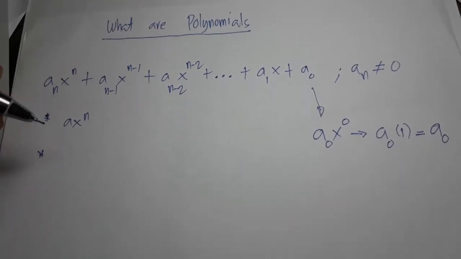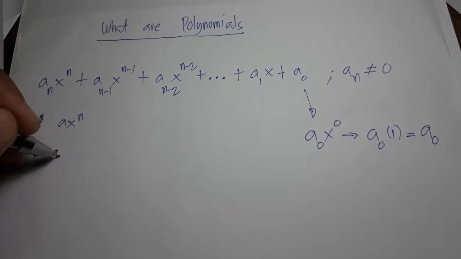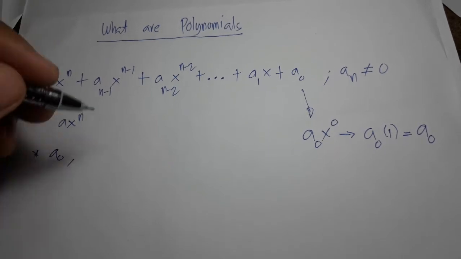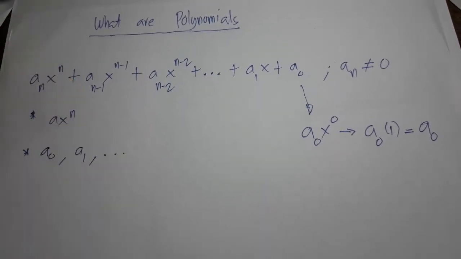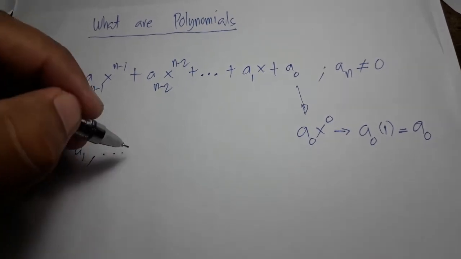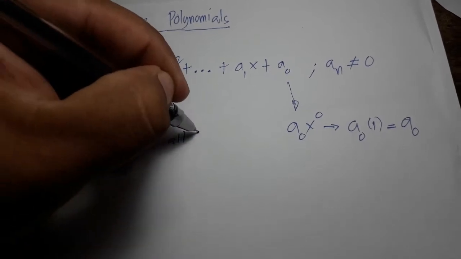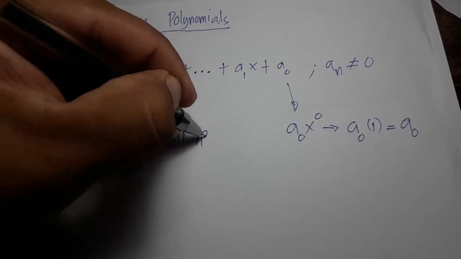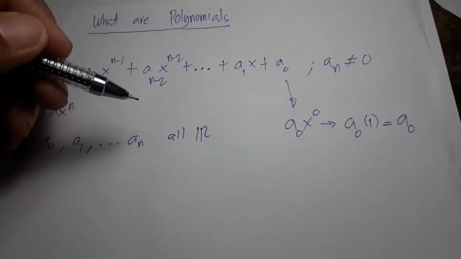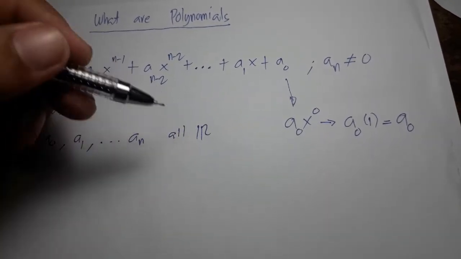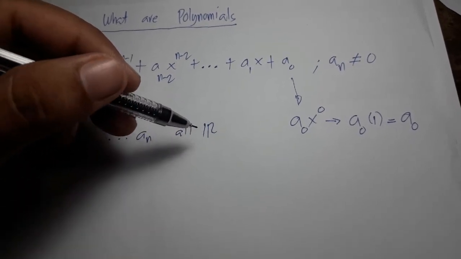So these are again our numerical coefficients. They are all elements of real numbers. Meaning to say, you can use positive and negative integers or even positive and negative fractions.